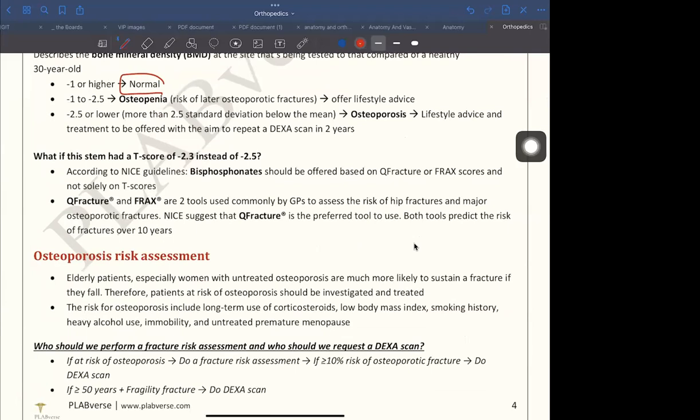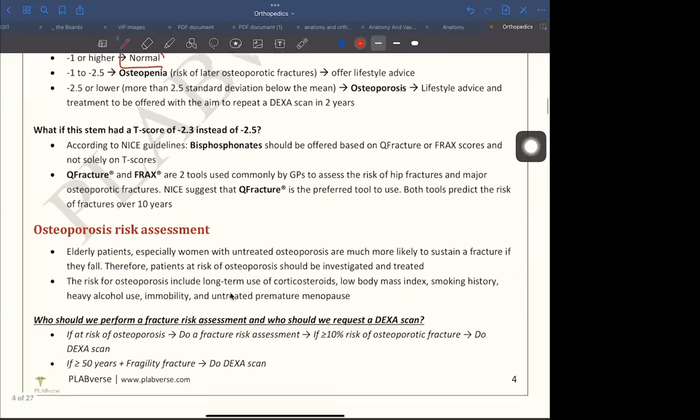You just open the website and start entering the patient's age, the patient's diseases like diabetes or hypertension, all the risk factors, and it will be calculated and tell you the patient's risk of having fractures over the next 10 years. Then you will be able to start treatment based on this guidance. You can always just search QFracture or FRAX on the internet and you will get the scoring system.